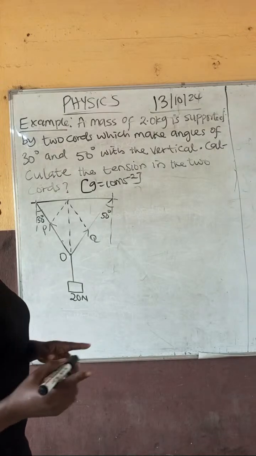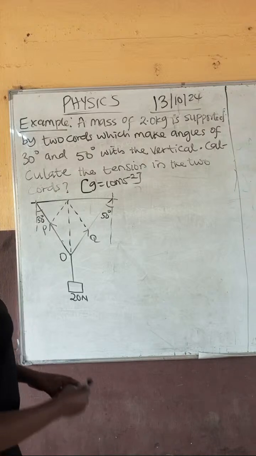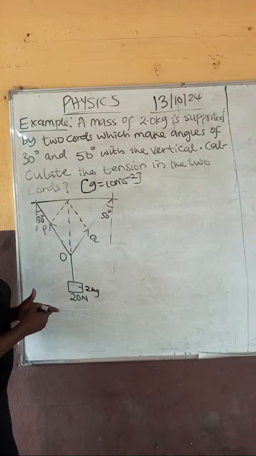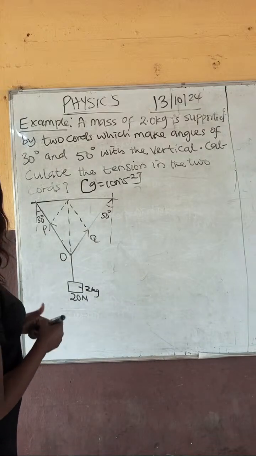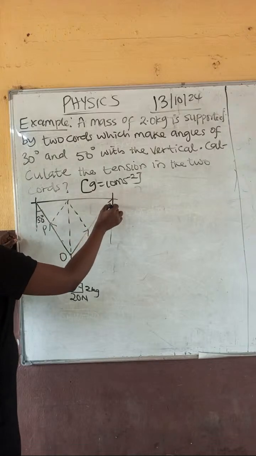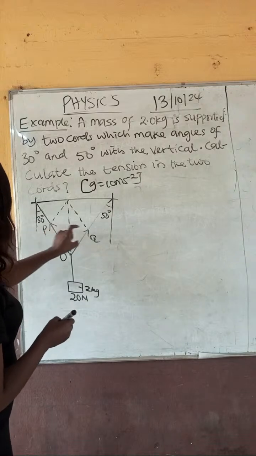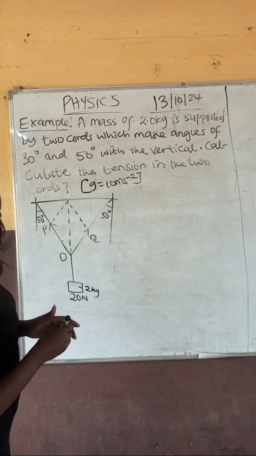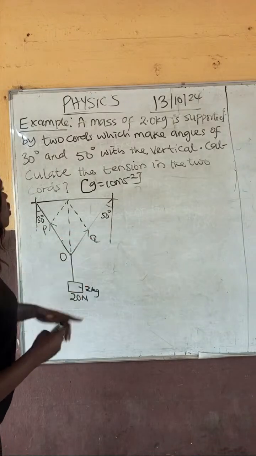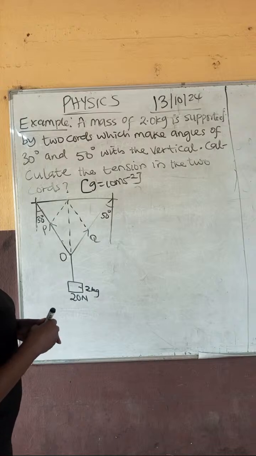A mass of 2.0 kilogram is supported by two cords. Now look at the mass, 2 kilogram, okay? Supported by two cords. See the first one, see the second one. So these are the cords, which make angles of 30 degrees and 50 degrees with the vertical. Calculate the tension in the two cords.